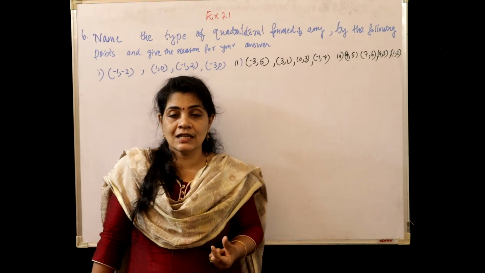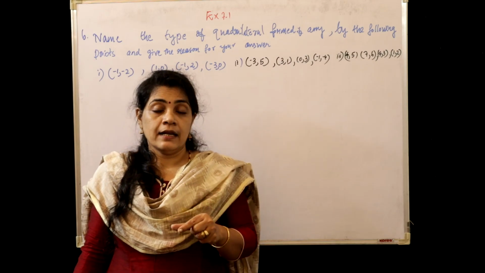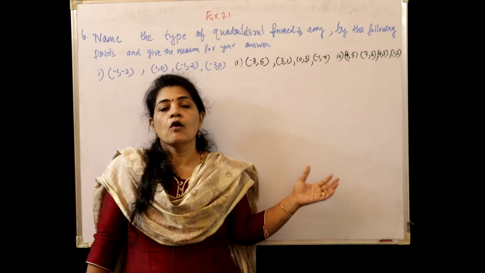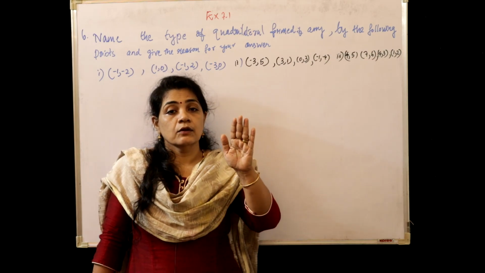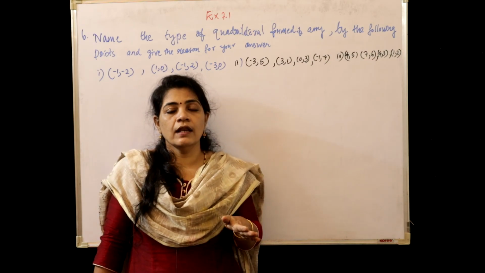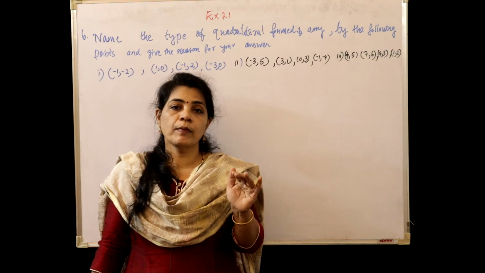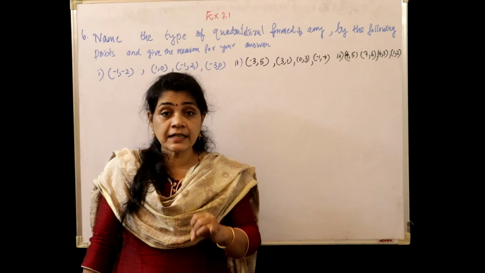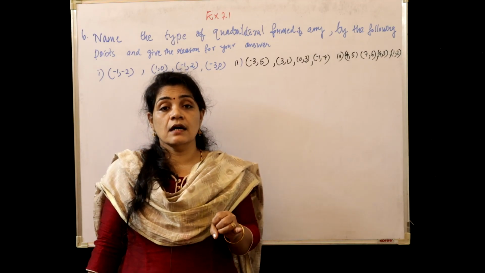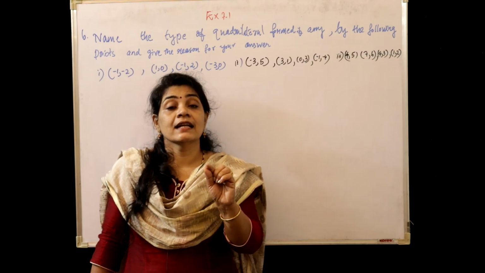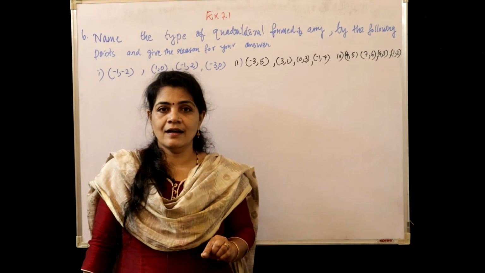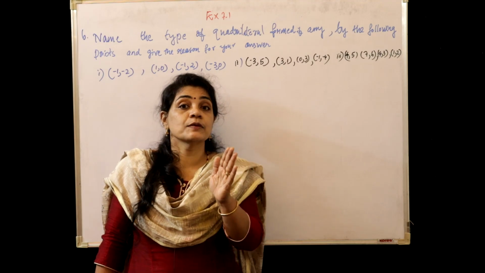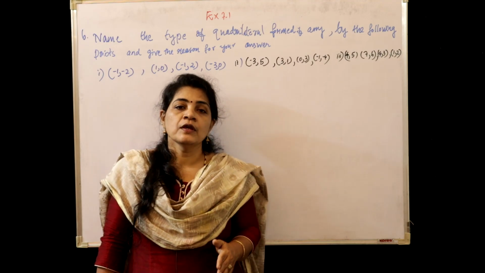When a quadrilateral becomes a parallelogram, we know the properties of a parallelogram: opposite sides are equal and parallel. But parallelism we can't apply here in coordinate geometry. So we will show that the opposite sides are equal and diagonals are unequal for a parallelogram. Understood? And for a rectangle, opposite sides are equal but diagonals are also equal. These are all special categories of quadrilaterals.